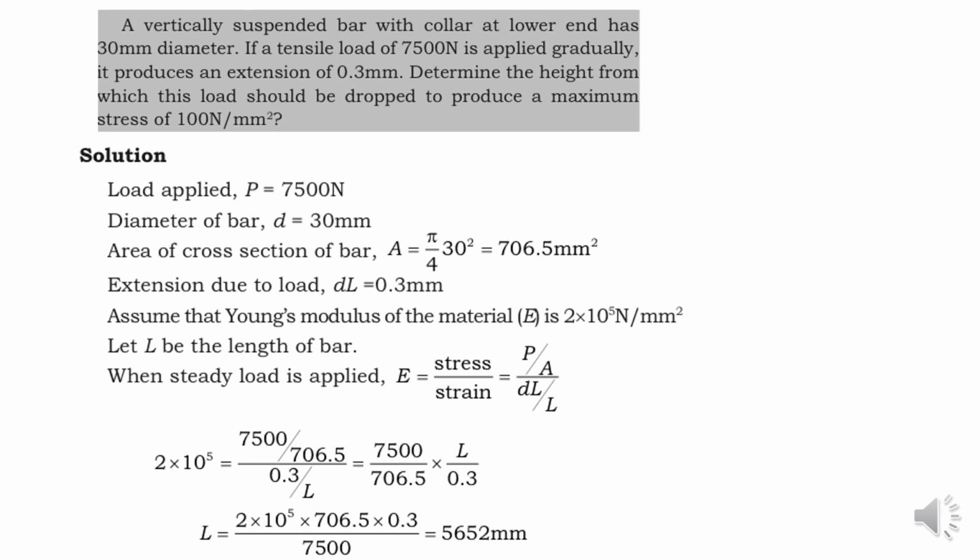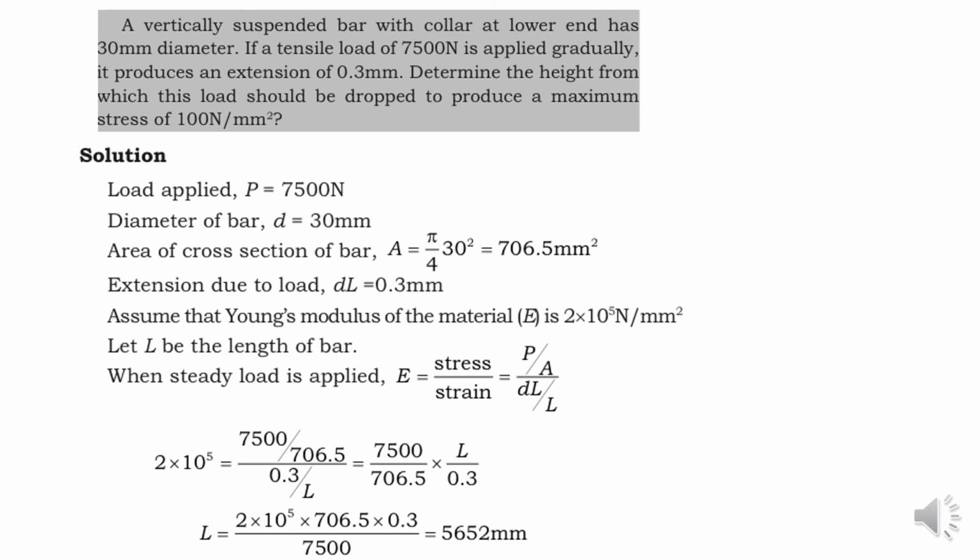So Young's modulus is equal to stress by strain, where stress is P by A and strain is delta L divided by L. So we can find out the length of the bar. The length of the bar is equal to 5652 mm. The length was not given in the question, so we found out the value of length as 5652 mm.